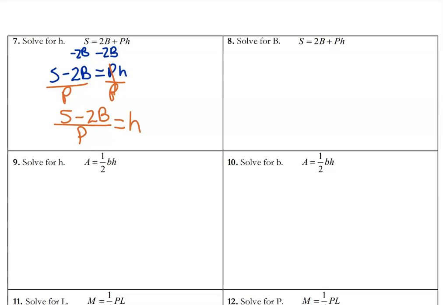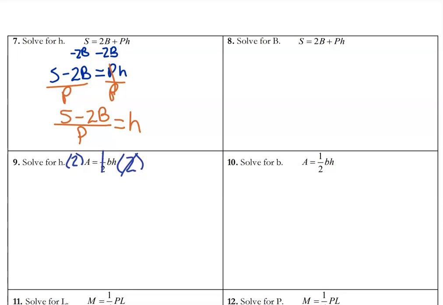Which is multiplying by the reciprocal. So anytime you want to get rid of a fraction, like 1/2, you're going to actually multiply by the reciprocal. So you just flip that fraction. So we're going to do times 2/1, okay, which is effectively the same thing as just multiplying by 2. Okay, so you don't have to necessarily put 2/1 in this case because it is the same thing. So we're going to do times 2 on each side to cancel out this fraction.